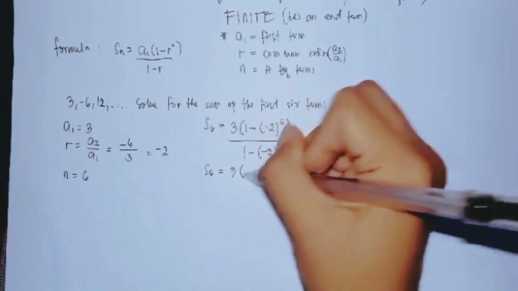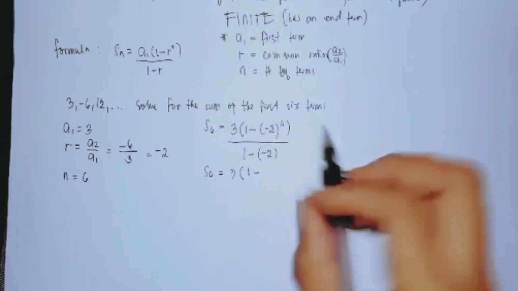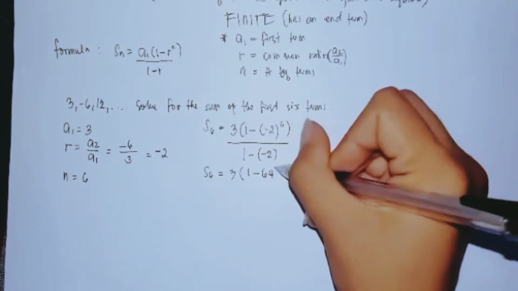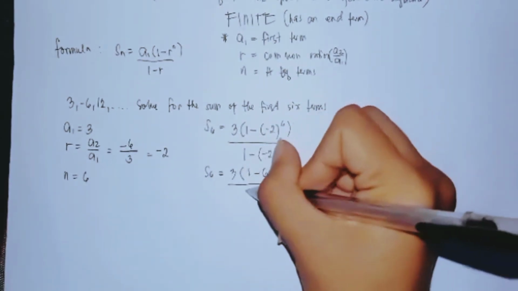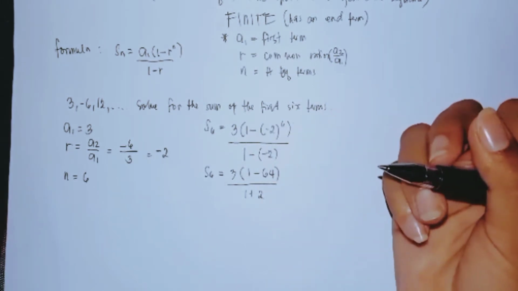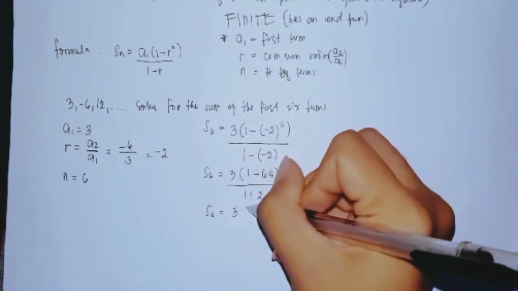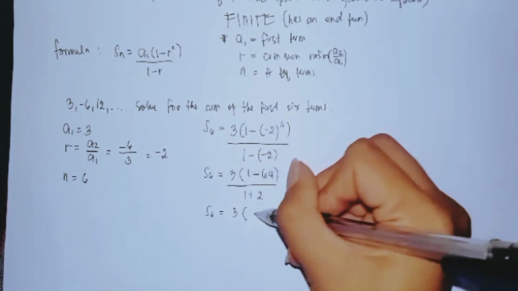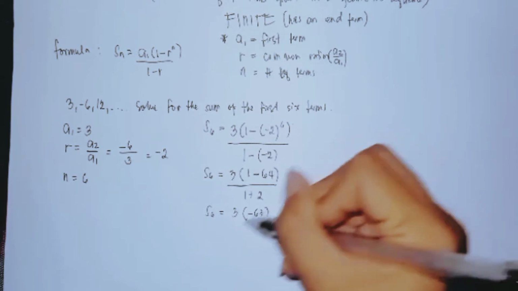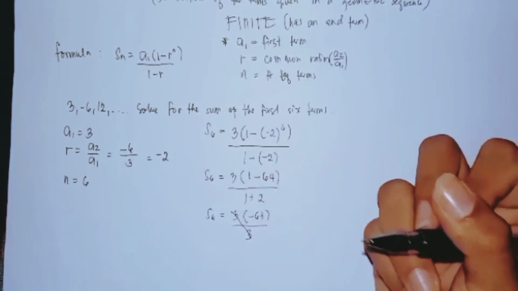3 multiplied by 1 minus negative 2 raised to 6 is 64, or positive 64, all over 1. Negative will become positive plus 2. And then S sub 6 is equal to 3 multiplied by 1 minus 64 is negative 63 all over 1 plus 2 is 3. And then cancel 3 and 3.